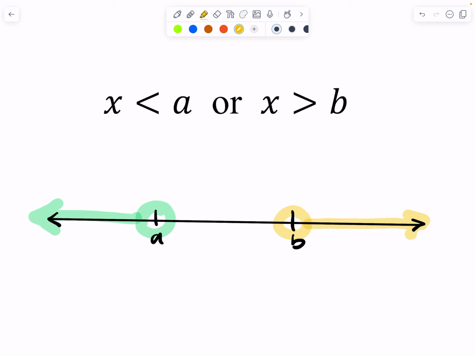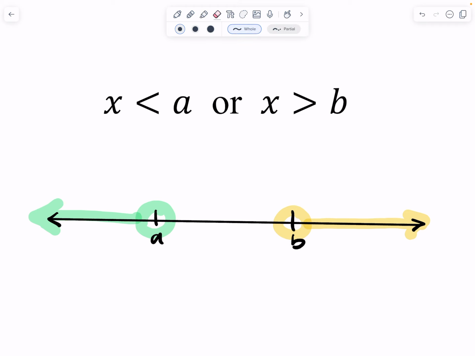So what this statement is saying is that to make this statement true, to be part of this interval of numbers, a real number must satisfy the statement x is less than a or x is greater than b.